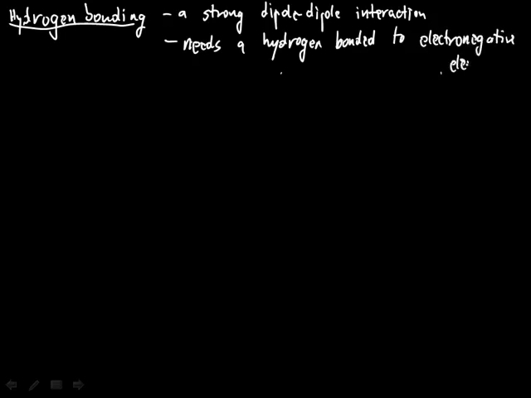Electronegative elements in this context are things like NH and OH. Of course, FH, also hydrofluoric acid, and HCl are also hydrogen bonds, but since they're not organic molecules, we don't really talk about it.